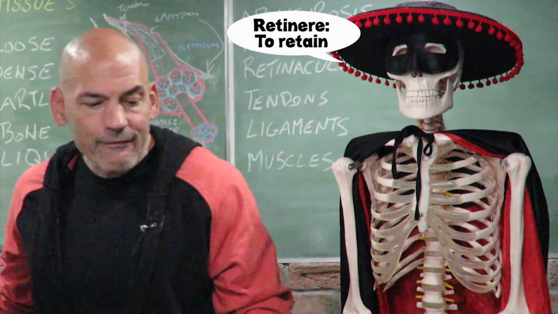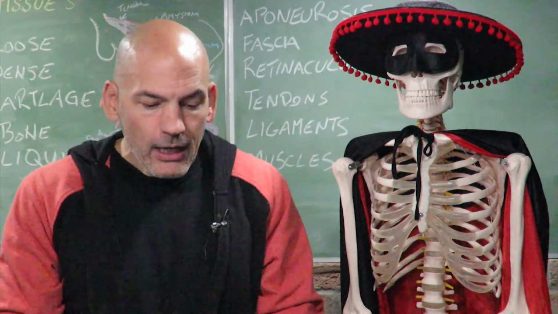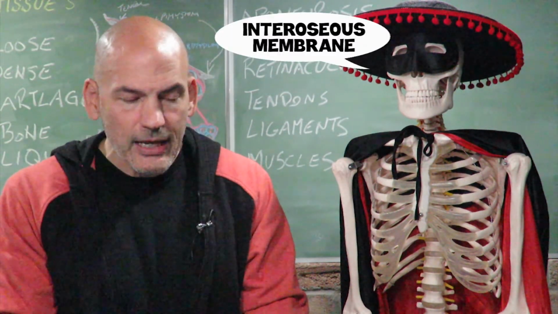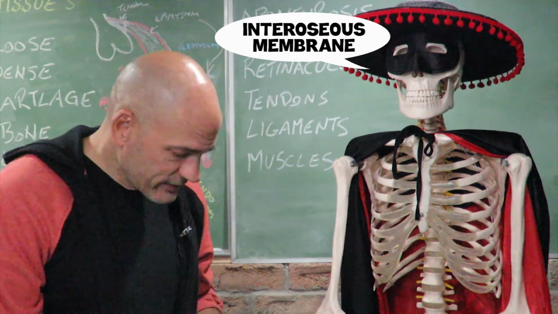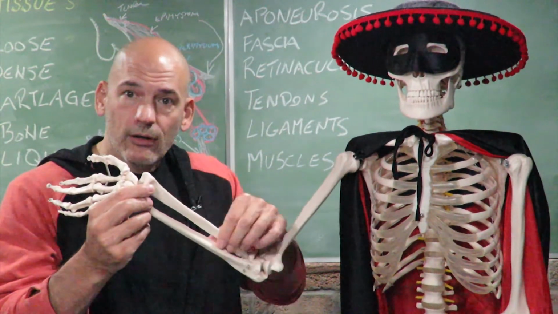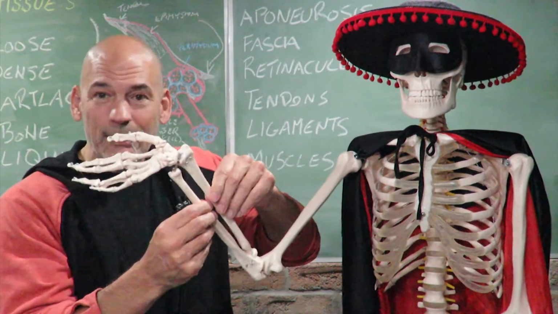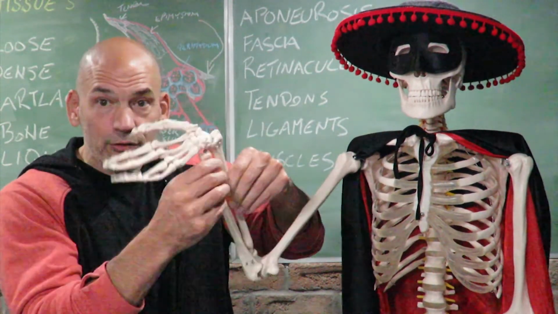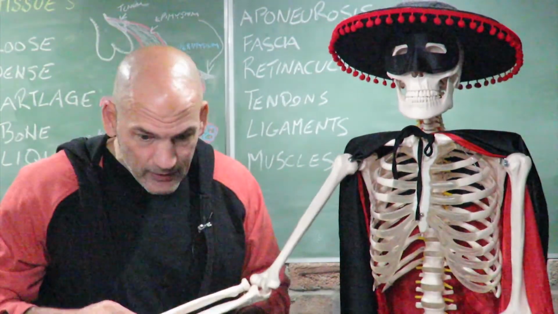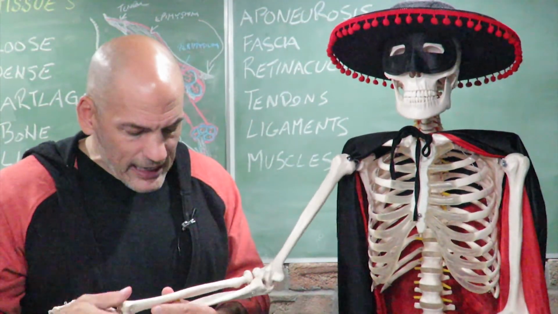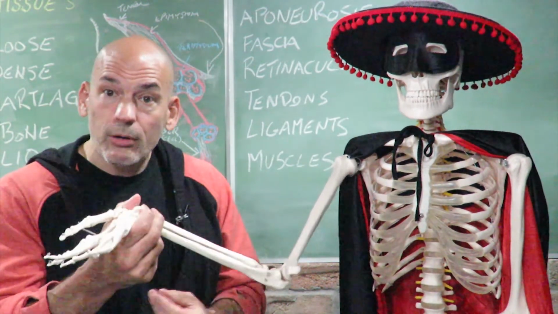And lastly, we have interosseous membrane. Interosseous membrane is a fibrous tissue that binds the radius to the ulna, so that they don't separate. It can also be an attachment site for some muscles, and it will divide the forearm into anterior and posterior compartments.